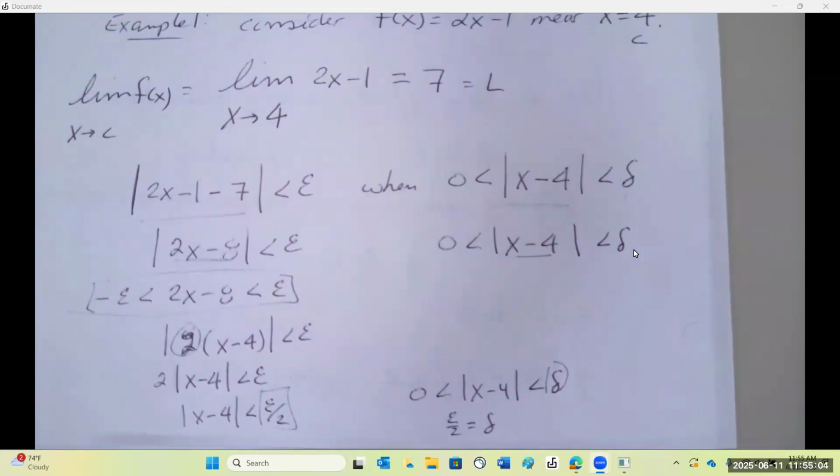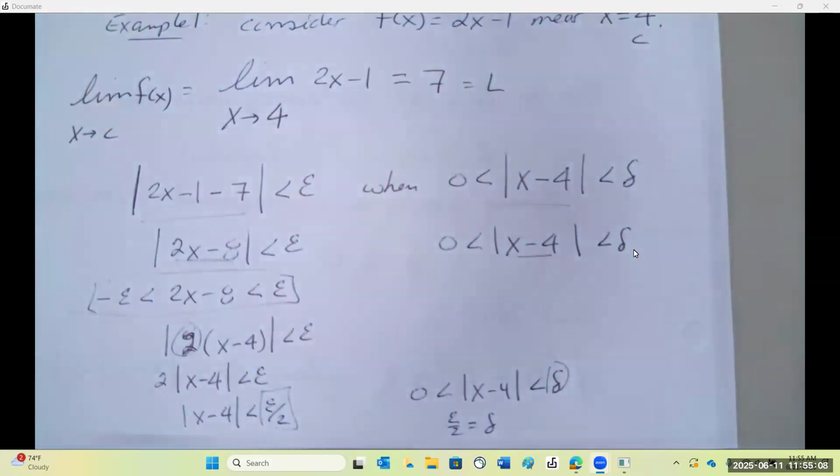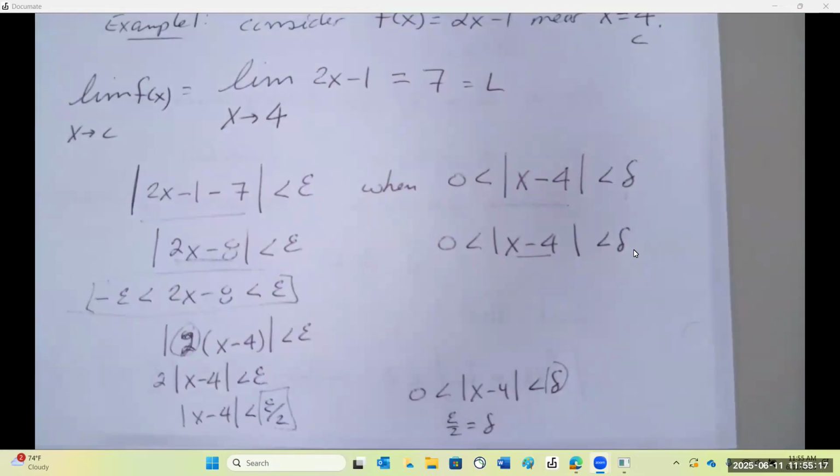What does that tell us? Remember, delta is greater than 0. It's a small number. So the closer we get to x, how close do we get to the y values? Even closer. That's what this tells us. This proves to us that the limit exists because this is always going to be positive.